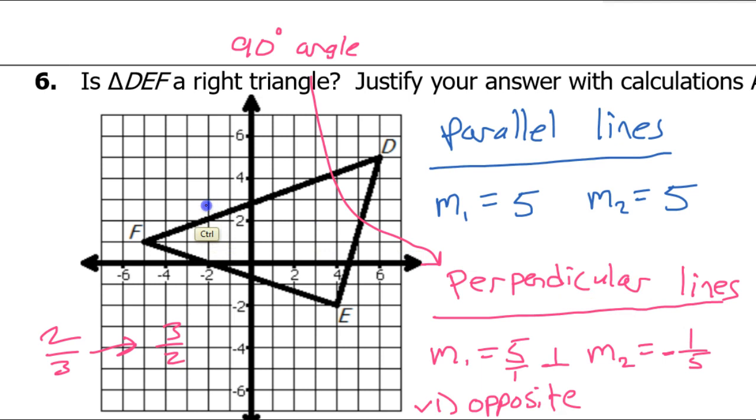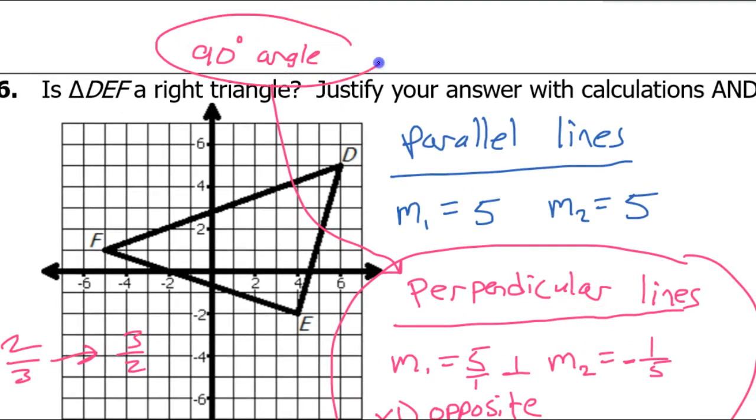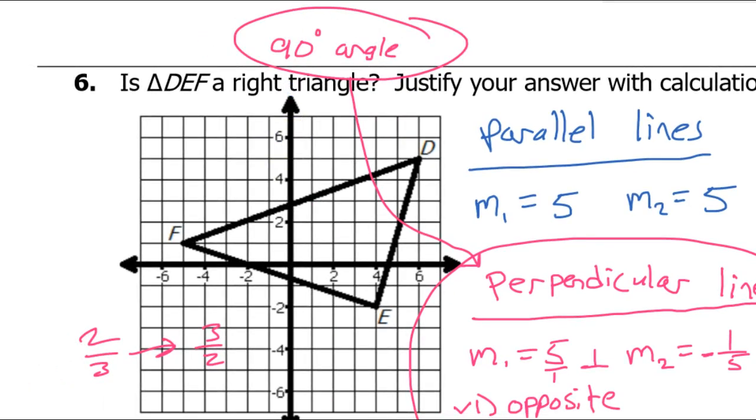So an easy way to prove that a triangle is a right triangle is to find all of the slopes and look to see, do you have any slopes that are opposite and reciprocal, like 5/1 and -1/5. If any of the slopes are opposite and reciprocal, that means you have perpendicular lines. And if you have perpendicular lines, that means you're looking at a 90-degree angle, which means you have a right triangle. So that's the theory behind what we're doing.